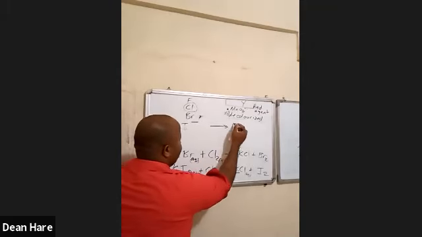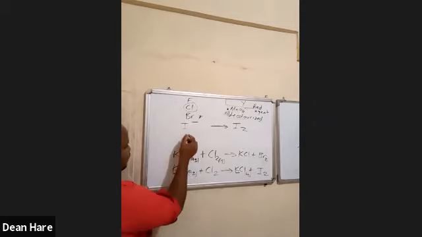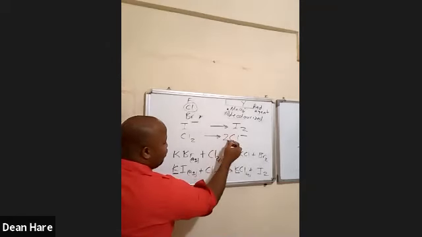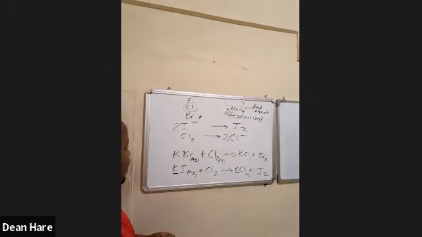I minus is going to form I2, and we start out with Cl2 and end up with Cl minus. To balance the atoms, you put 2 here and 2 here. Now we need electrons.